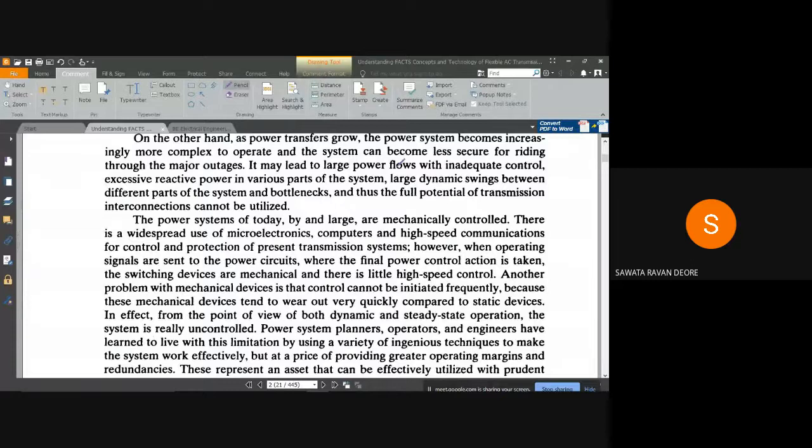The on and off time period is by doing it manually. Rather than that, if we have power semiconductor devices as a switch, their speed of operation is very fast. Again, the number of operations is very large.